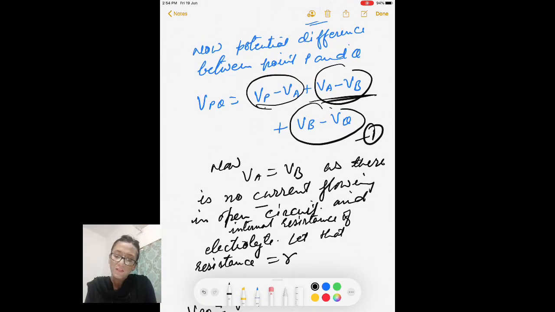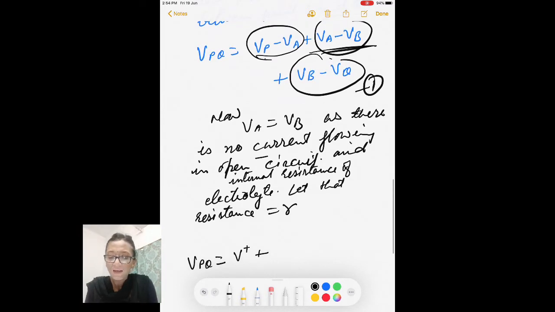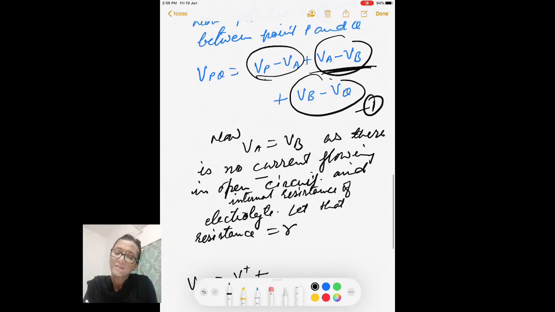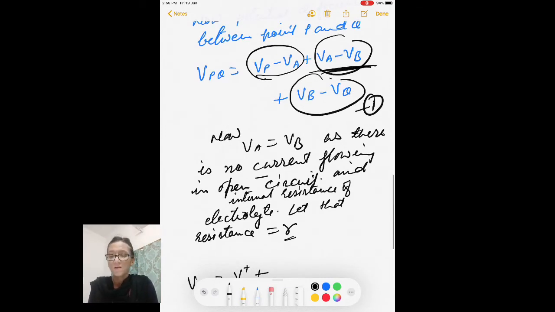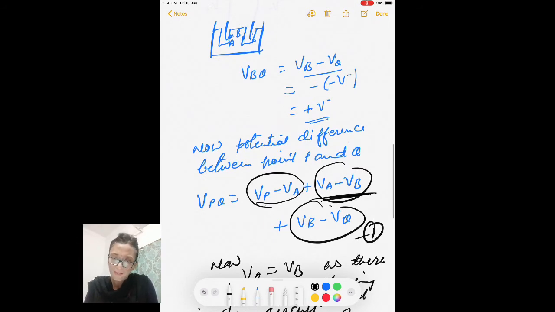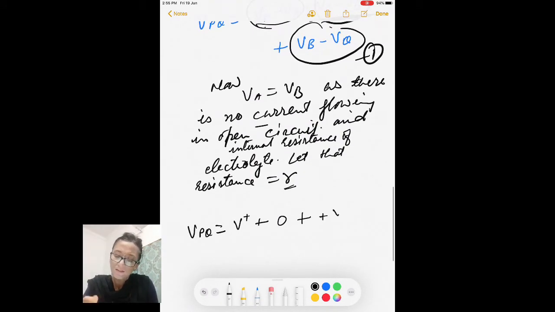Since no current is flowing, had the current I been flowing, then this potential difference would be I into this internal resistance R. But since the current is not flowing, here I is equal to 0, so the potential difference becomes 0, and then VB minus VQ is plus V minus.